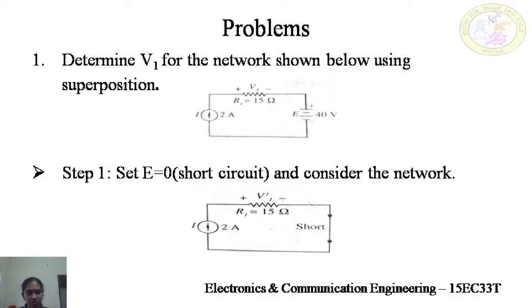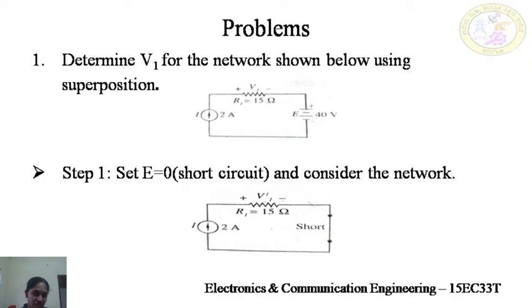In step 1, one source is set to 0. The voltage source is set to 0. The voltage source is replaced by short circuit because internal resistance is not given. The voltage drop across 15 ohm resistor is calculated using Ohm's law, that is V is equal to I into R. The voltage drop across 15 ohm resistor is denoted by V1 dash.